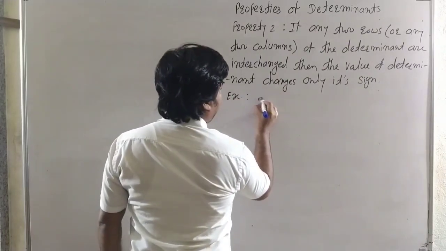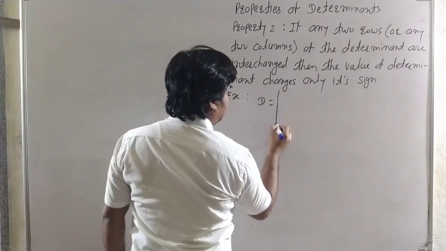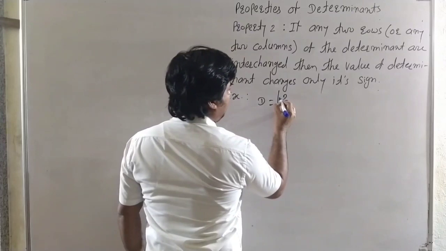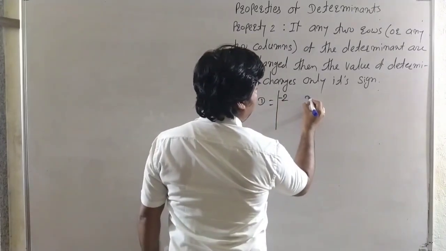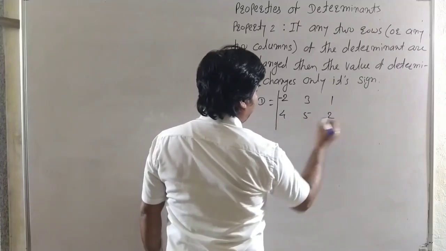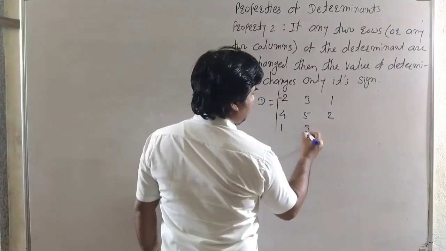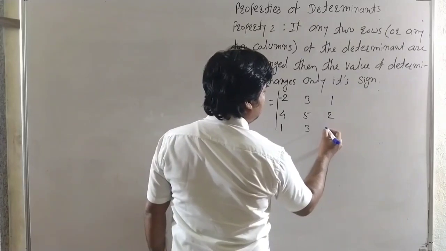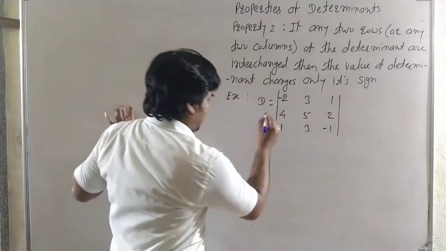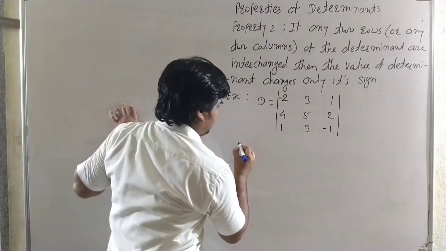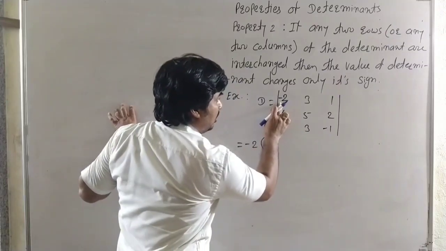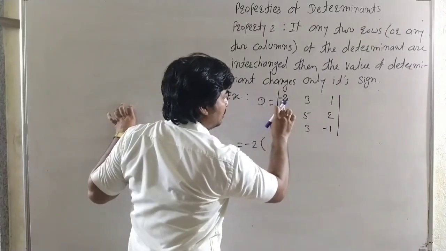Here it is a determinant we can take: -2, 3, 1, 4, 5, 2, 1, 3 and -1. To find the determinant, first element in the first row is -2.